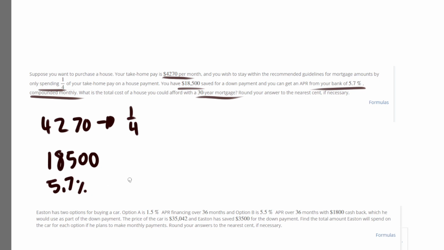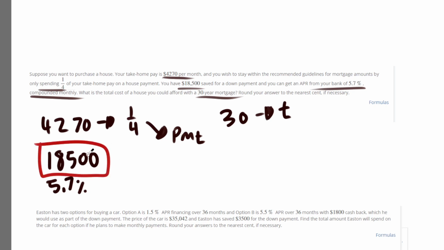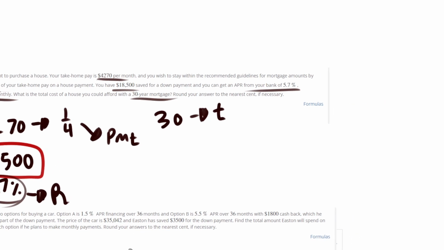It's compounded monthly, so we'll keep that aside. And we know that we have a 30-year mortgage, so 30 here is going to be our time. This is going to be our payment. This is not really any of our variables, so we'll deal with it in a minute and draw a little red box around it. And this is going to be our rate. And we go over and look at our formulas.